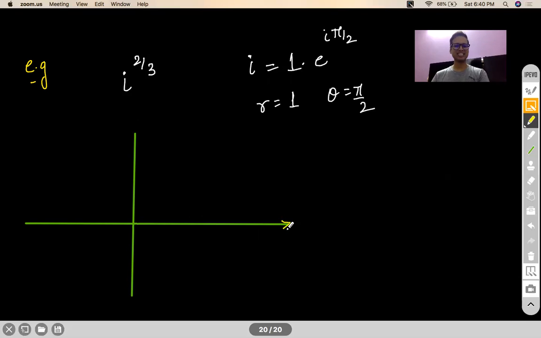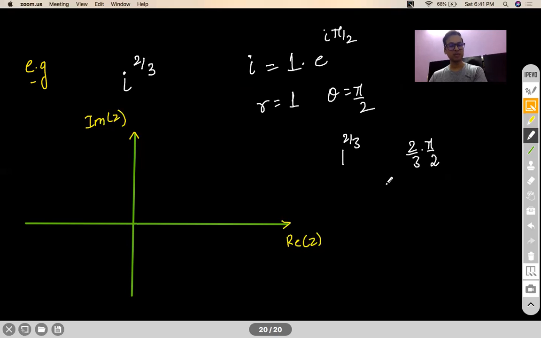Absolutely. Let's see what are those 3 answers. I'll just keep on positioning the roots. So the first root will be located at a distance of 1 to the power 2 by 3 and at an angle of 2/3 of pi by 2. 2/3 of pi by 2 is pi by 3.